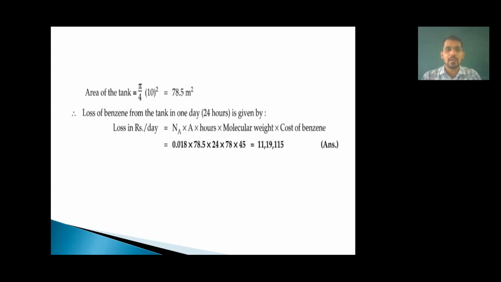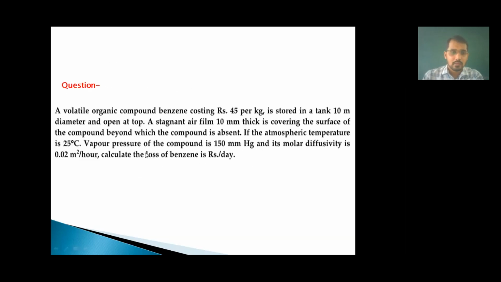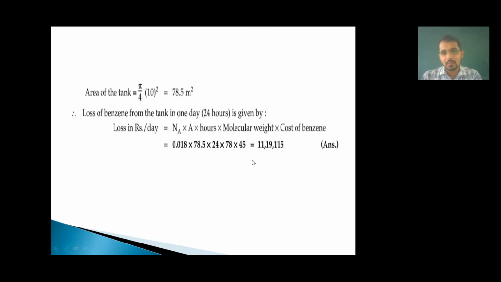Now we have to calculate for the rupees per day. How to calculate that? Because this question asks you for the calculation of loss of benzene in rupees per day. We have calculated here Na, that is kg mole per hour meter square. So how to calculate in rupees per day?